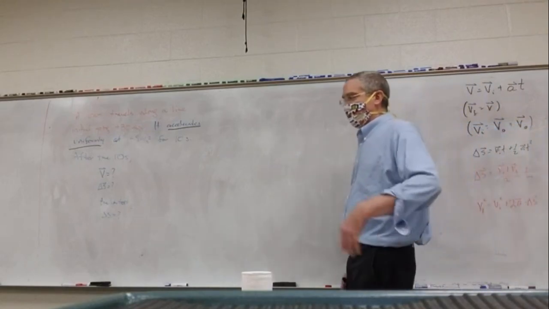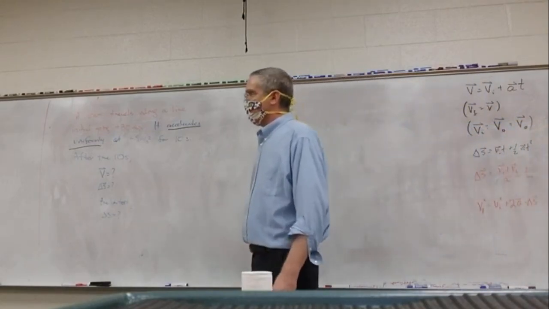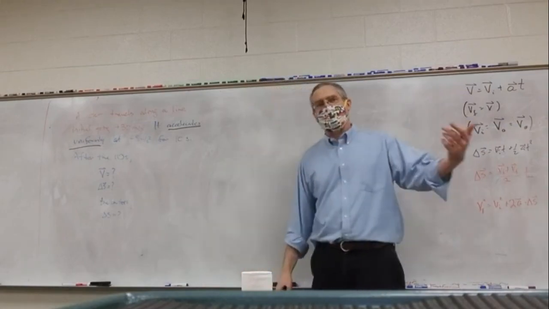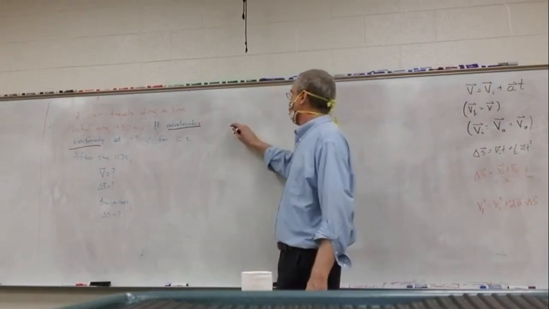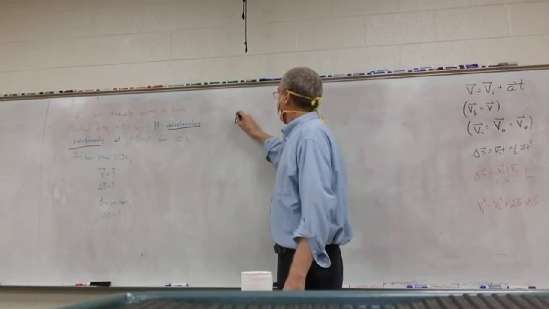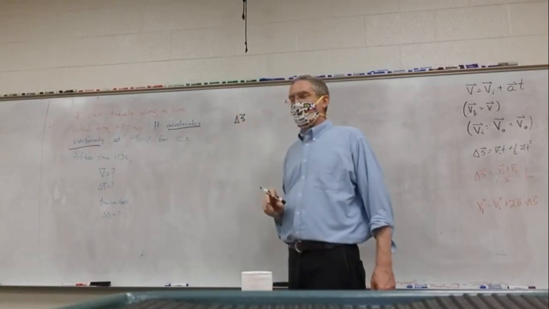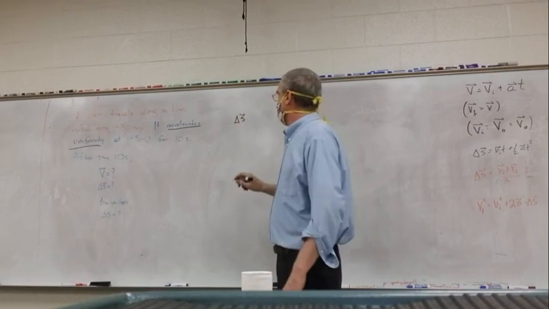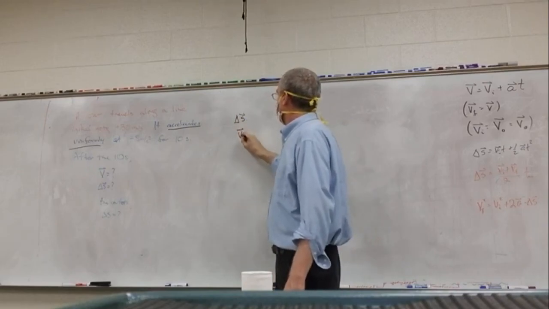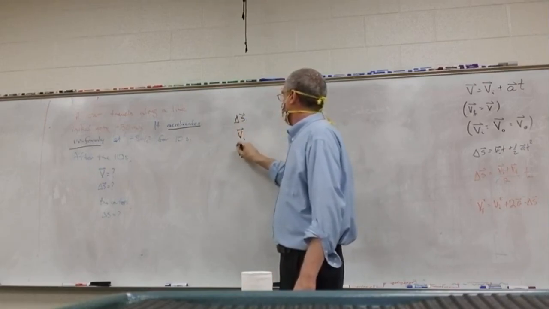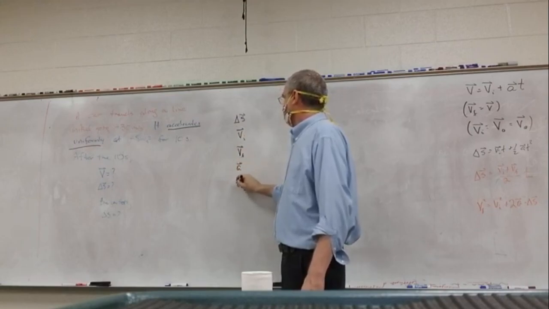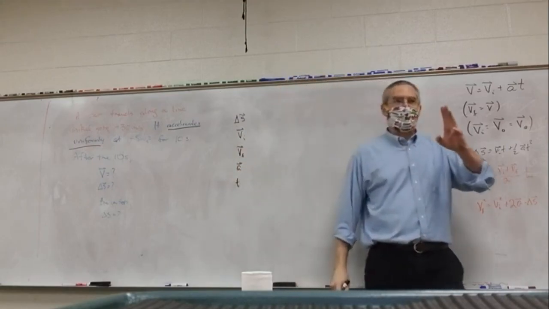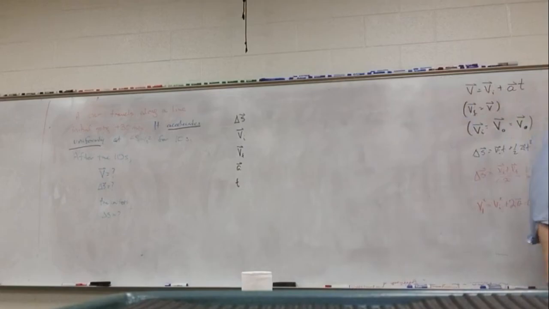There are 5 basic quantities that we're working with here, and this is going to be true for this and the two-dimensional motion that we will get to in chapter 4 officially. There's displacement. Now you could break that up into initial and final position, but displacement, initial velocity, final velocity, acceleration, and time. If I know 3 of those, I know I can find the other 2.